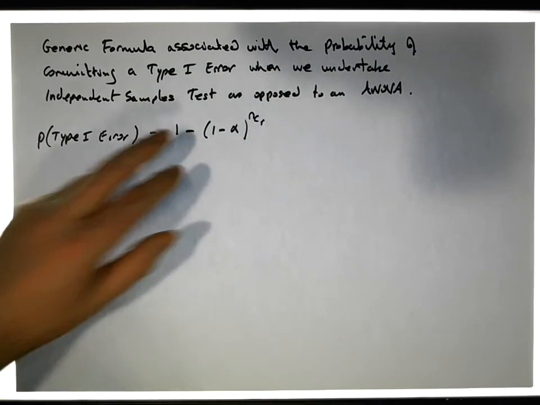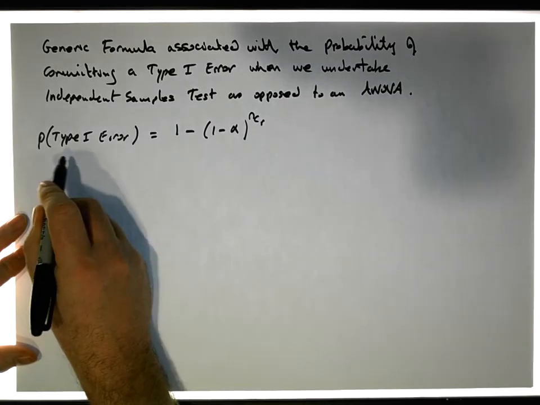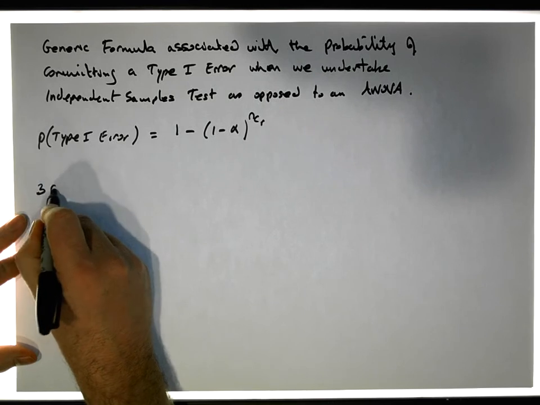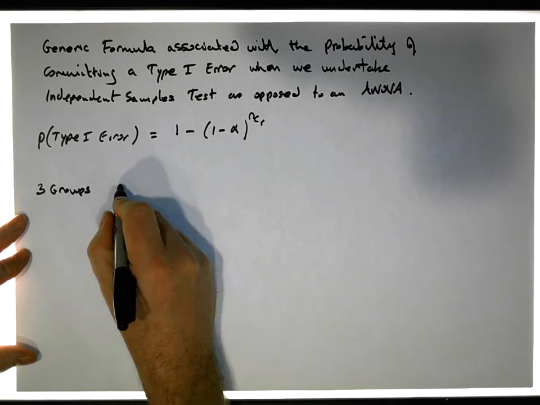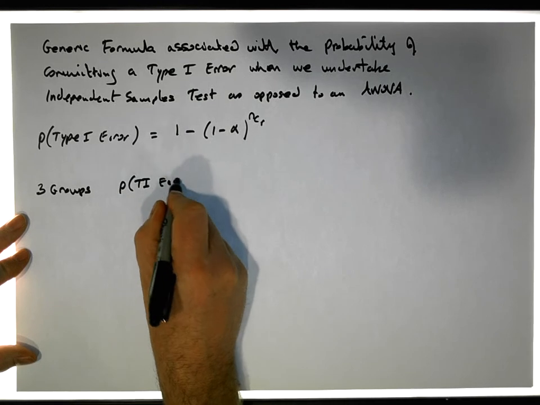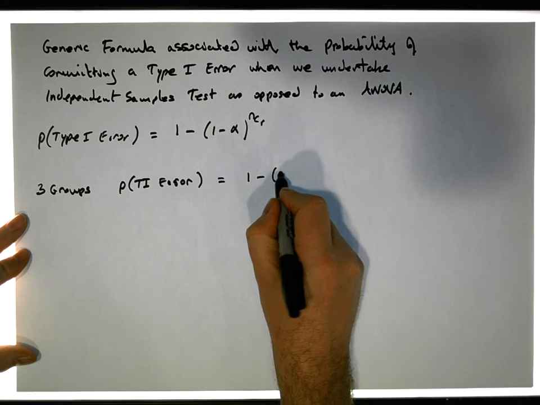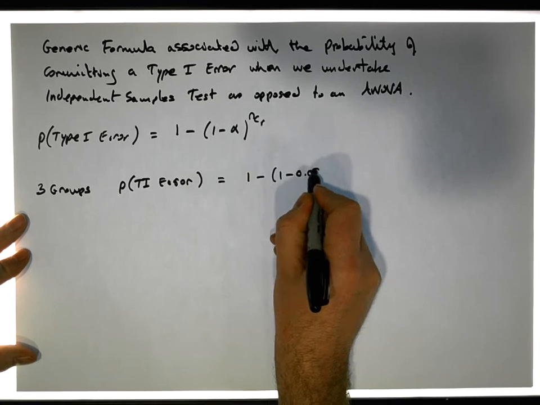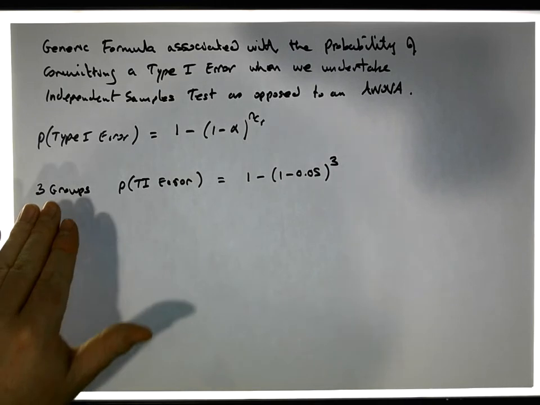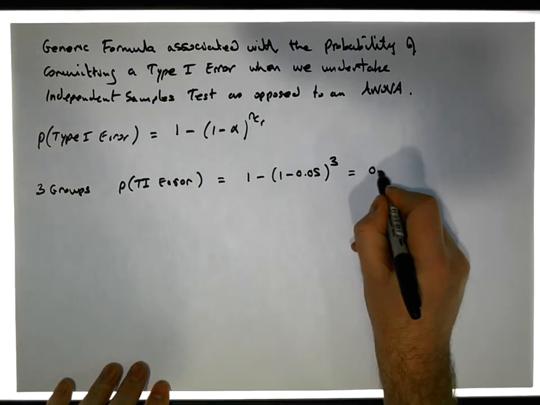So when there's three groups, the probability of a type 1 error is equal to 1 minus 0.05 raised to the power of 3, because there was 3 ways to select 2 things, and we know that's equal to 0.14.